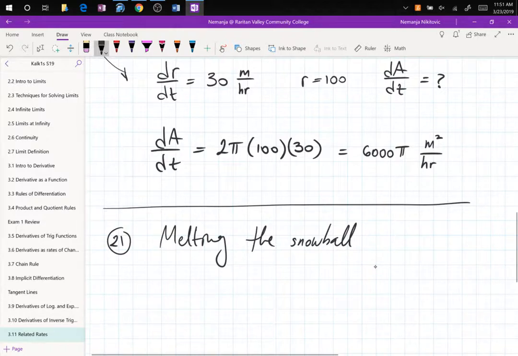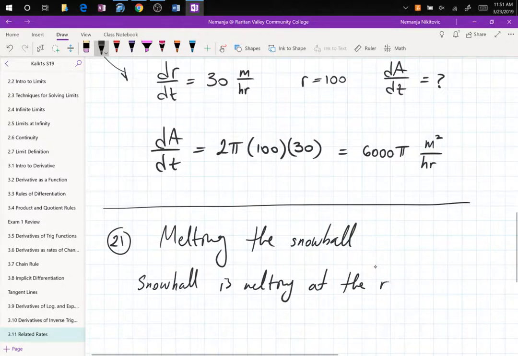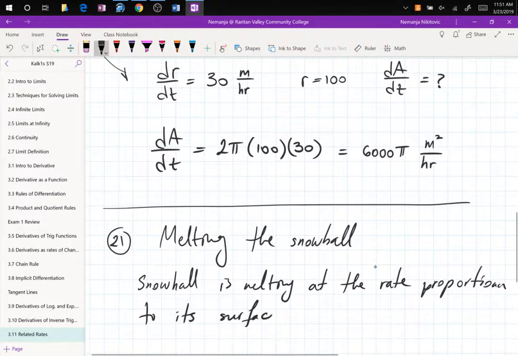So the snowball is melting at the rate proportional to its surface area.